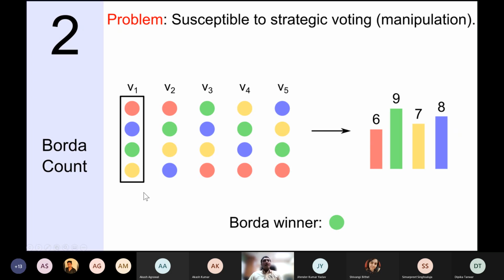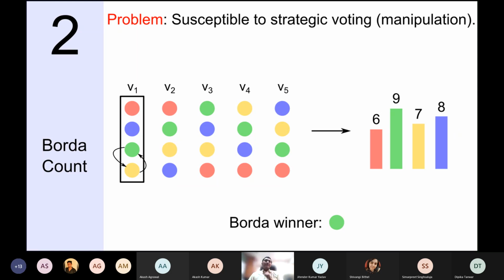Now voter V1 is having second thoughts. It's thinking, I don't like this election. It's picking my second worst candidate. I'm very unhappy. So what I'm going to do is lie about my preference. I'm going to report a different preference. What V1 does is swap the order of green and yellow in its preference.